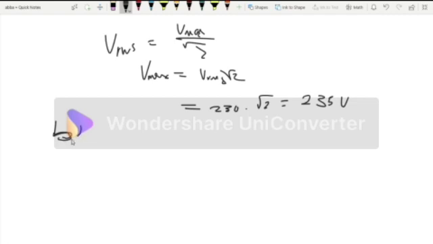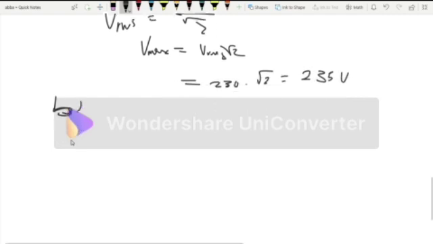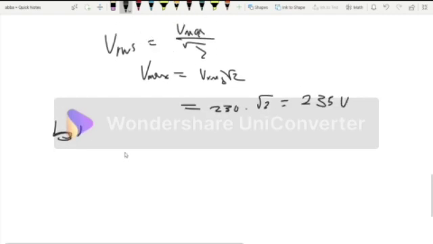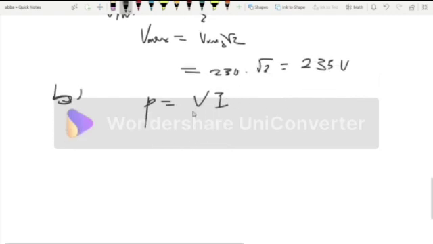So now let's go to B here. What do they say? Determine the maximum resistance of the hair dryer. Remember from the equation P equals VI, right? Now we can try to include resistance in this.